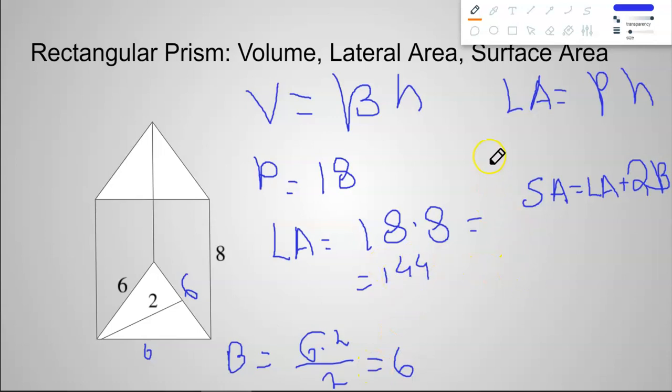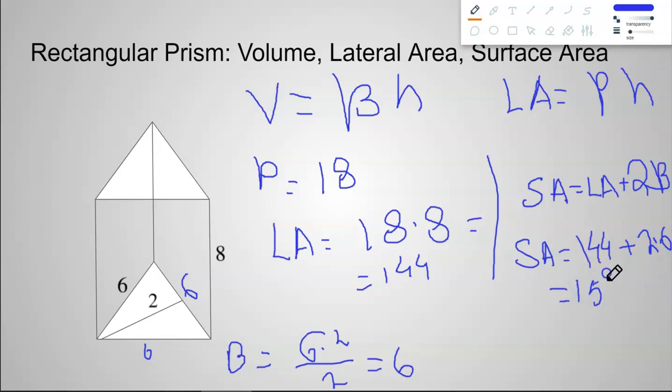And now I can easily find my surface area, because this is just lateral area, 144, plus 2 times area of the base, which is 6. 2 times 6 is 12, so surface area is 156. So we found this one as well.